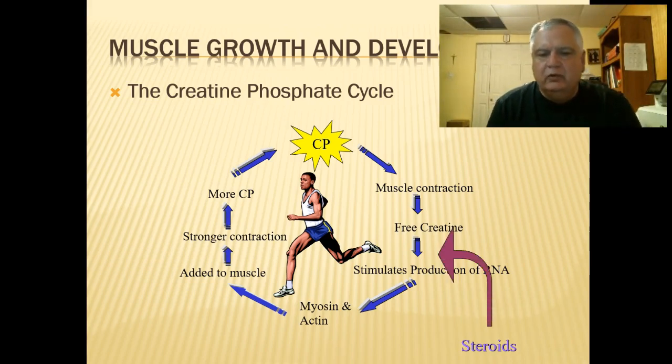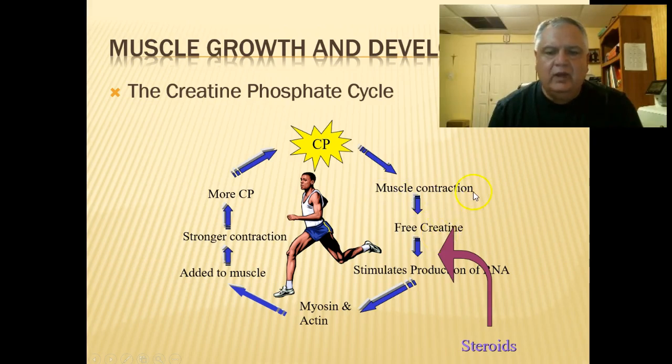A couple of other points that we'd like to make here is that over the course of time, researchers have studied this and said, hey, that's interesting. If free creatine accumulates in a muscle and that stimulates the production of messenger RNA, which results in myosin and actin being added to the muscle and the muscle growing bigger and stronger, what if we had an individual drink free creatine, and have the creatine absorbed into the muscle?